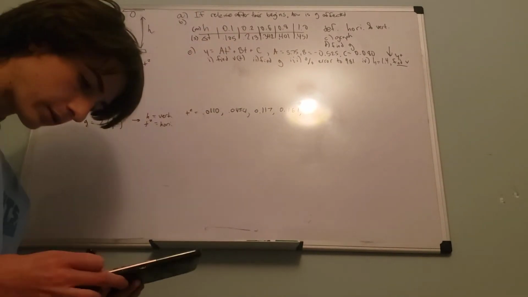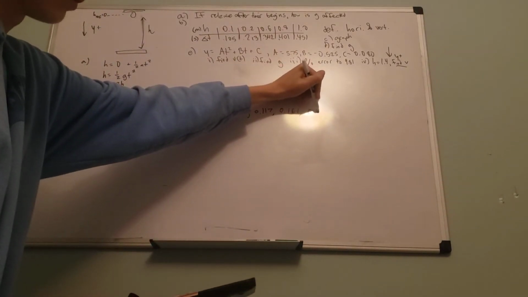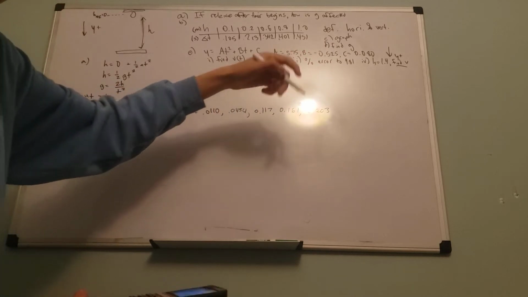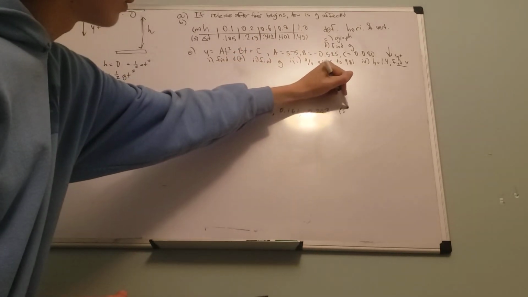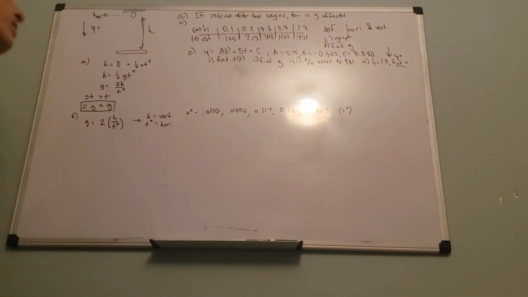And 0.451 squared. And these are all in seconds squared. Okay, so that is basically part B.